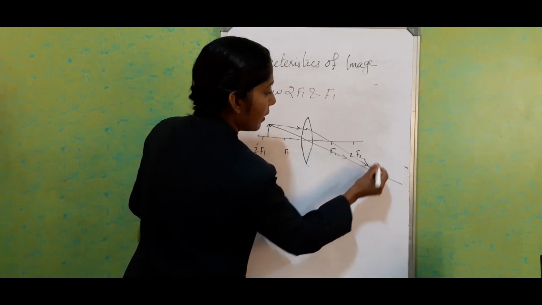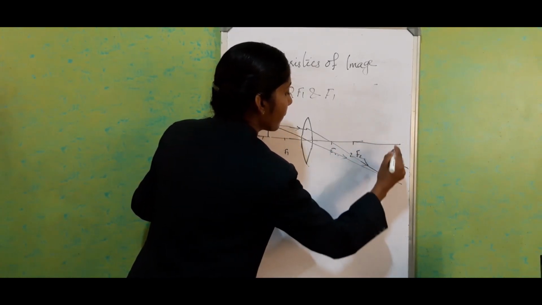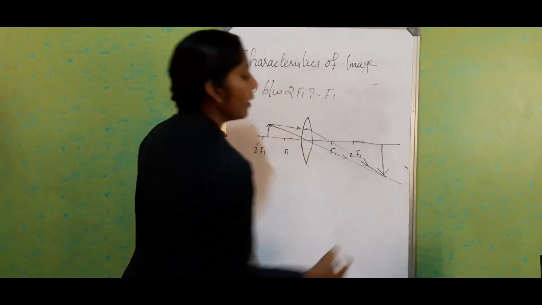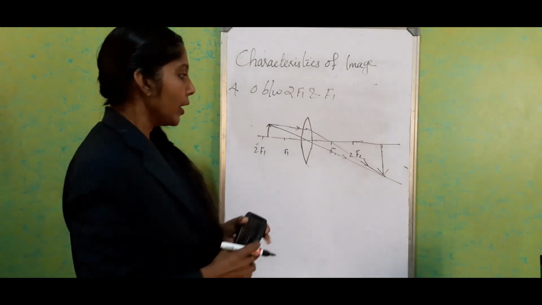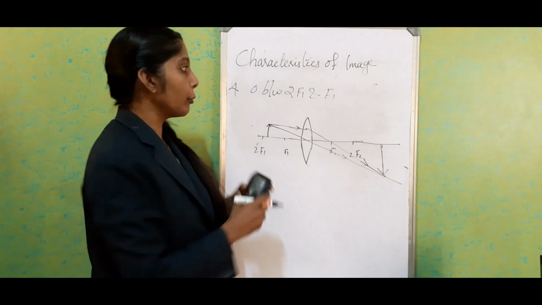So if we see the position where they join, this is the position where we got the rays intersection. So the image is formed beyond 2f2.